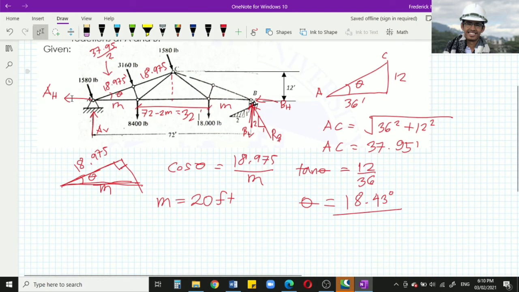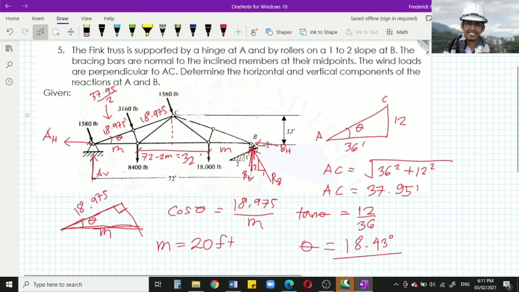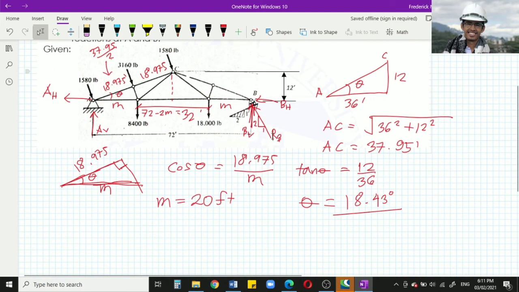Ngayon, mag-summation moment na tayo at point A para makuha natin yung reaction at point B. So summation moment at point A is equal to 0, clockwise positive. So ano yung may moment natin dito?